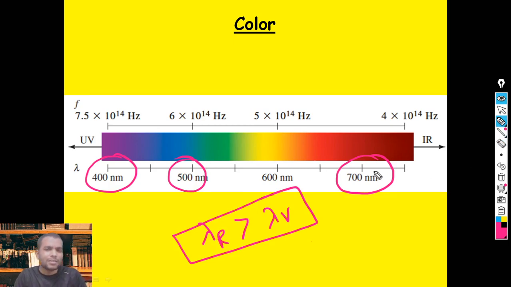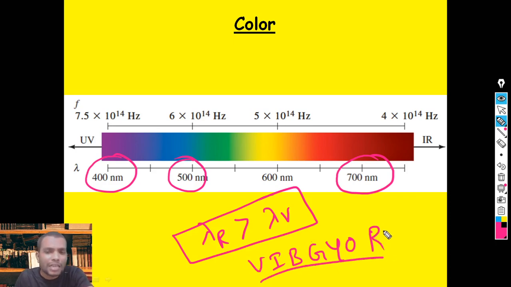If you consider, light consists of VIBGYOR. This is the shortcut we use to understand the colors in light. The red has the greater wavelength, and the violet, where it starts, has less wavelength.